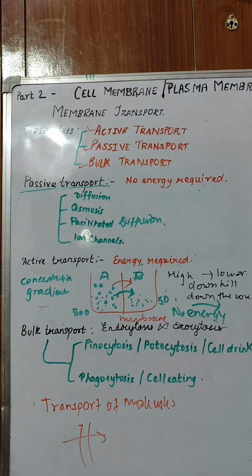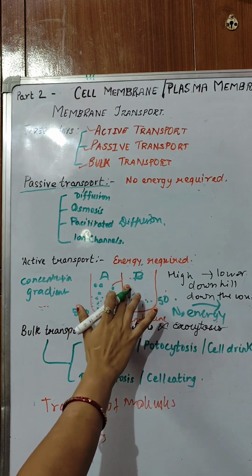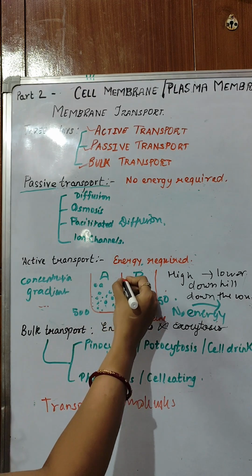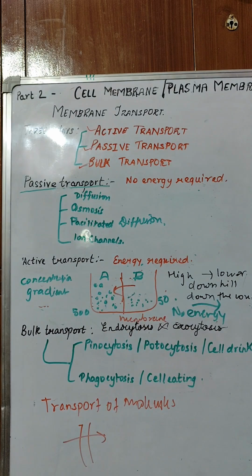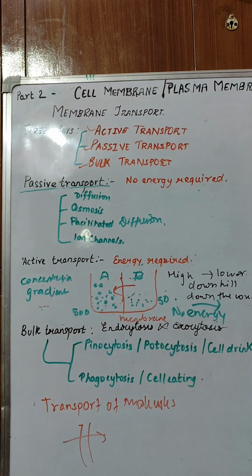But if the case is opposite, that is, from lower concentration to higher concentration, it is different. B is already like the beggar, not having enough molecules, only 50, and you are trying to take more from him. That will be a very tough job and will require some energy.